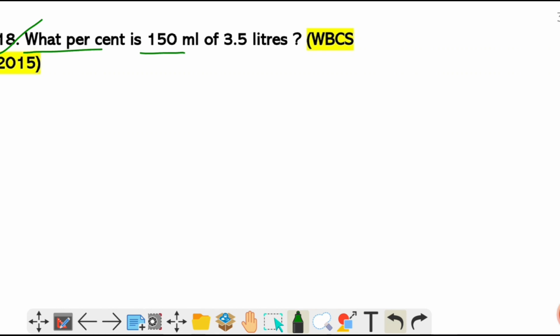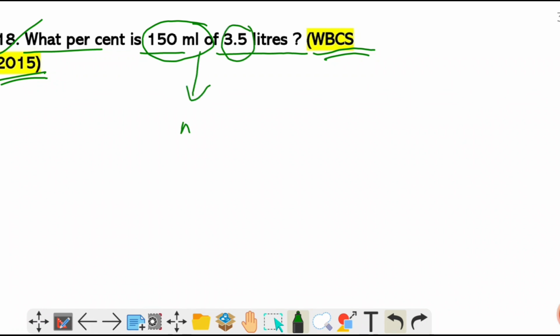Next, what percent is 150 milliliter of 3.5 liter? This question was asked in WBCS 2015. Here we've got the units in milliliters and liters, so we have to convert liters into milliliters.